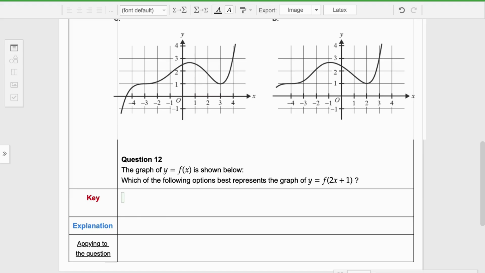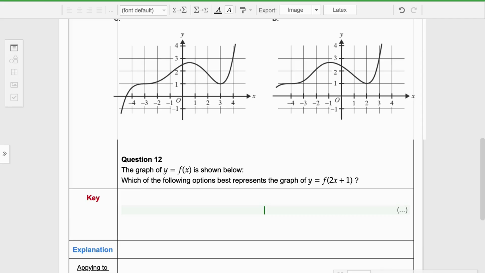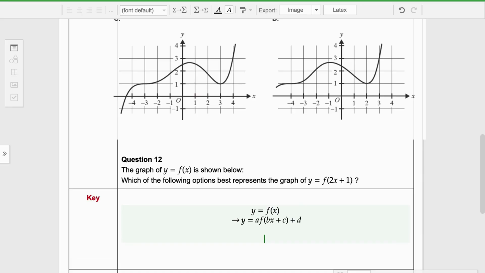When we have the transformation that maps the original function, y equal to f(x), to y equal to a times f(bx + c), plus d, the question here is, in terms of the transformation of x, what has happened to the x?